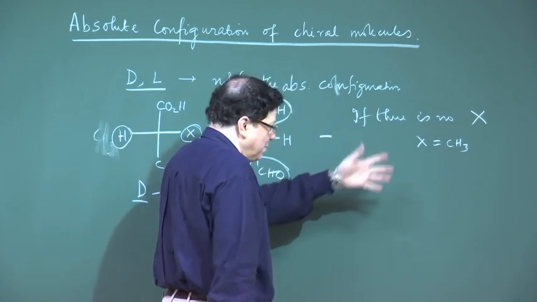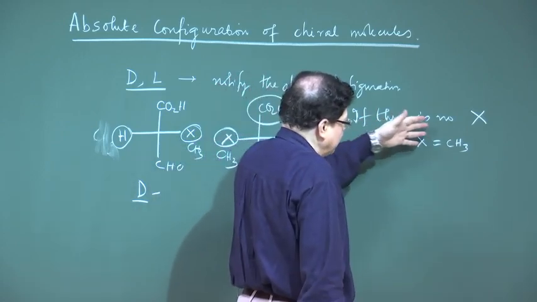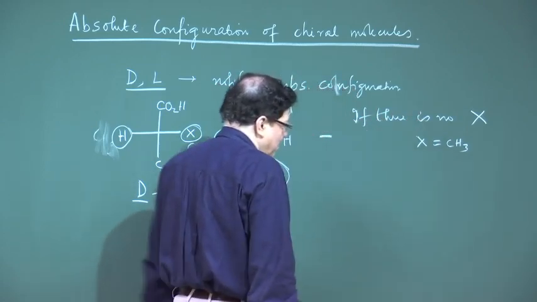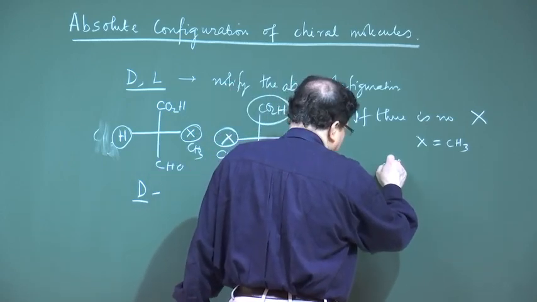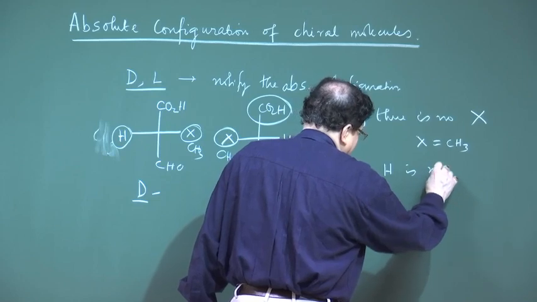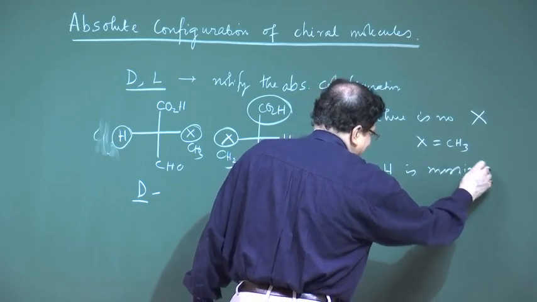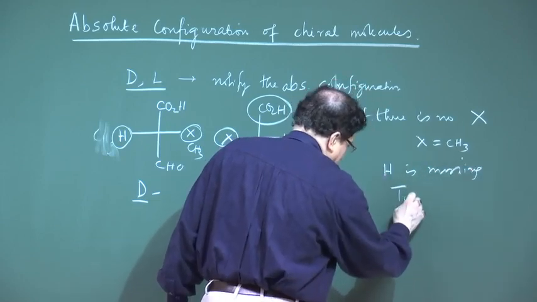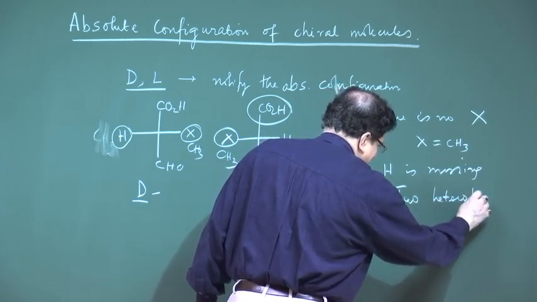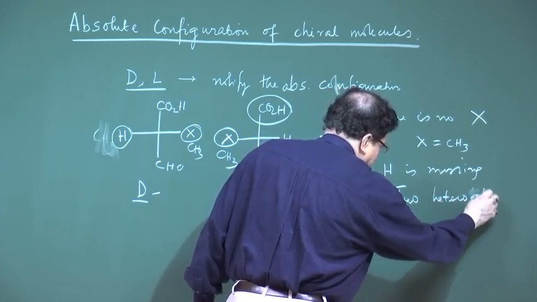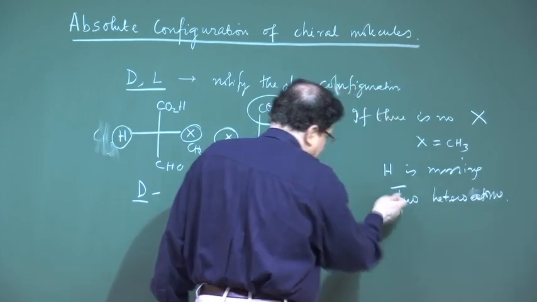The most important thing is that X does not contain a heteroatom. The other case is if hydrogen is missing and is replaced by a heteroatom, and X is already there.